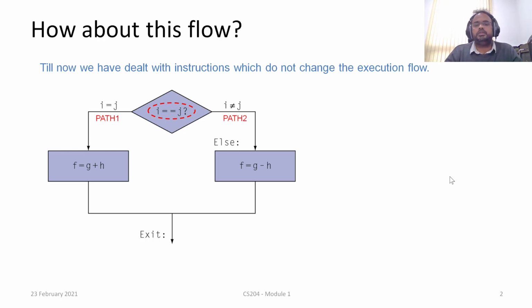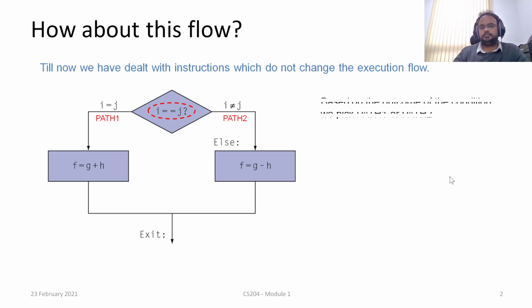If they are equal, we will take path 1 and execute the instructions in path 1 and then go to exit. If i is not equal to j, then we will pick path 2, execute all the instructions in path 2 and then go to the exit, right? When we say execute, we have to instruct the hardware to execute either path 1 or path 2 based on the outcome of this condition, right?